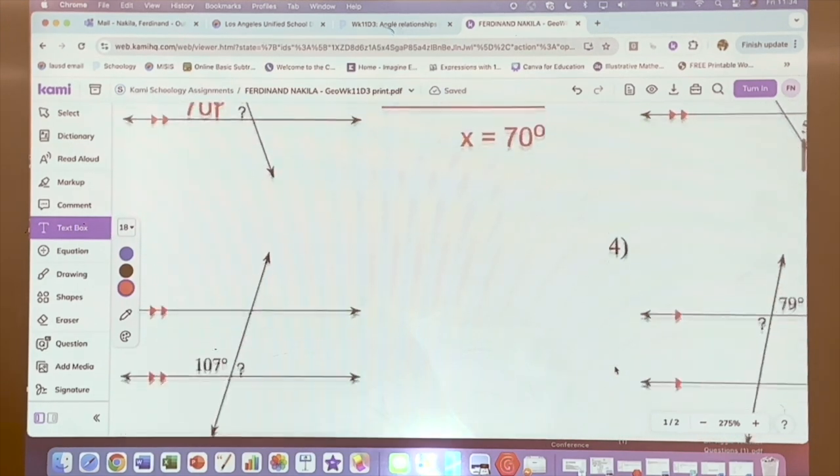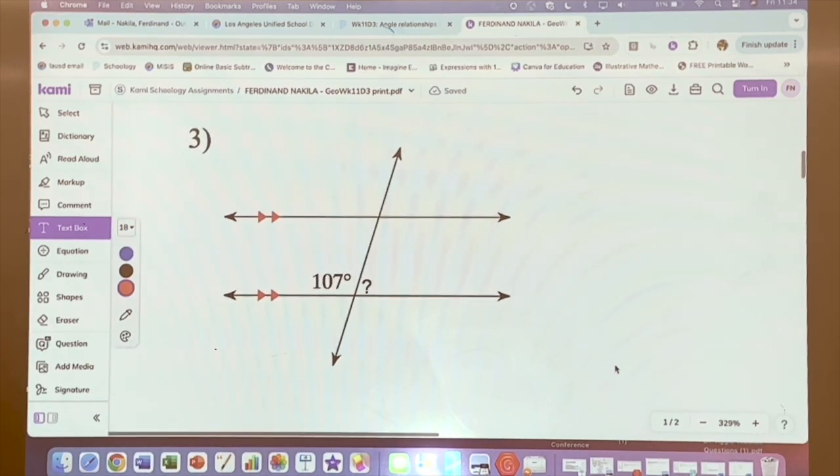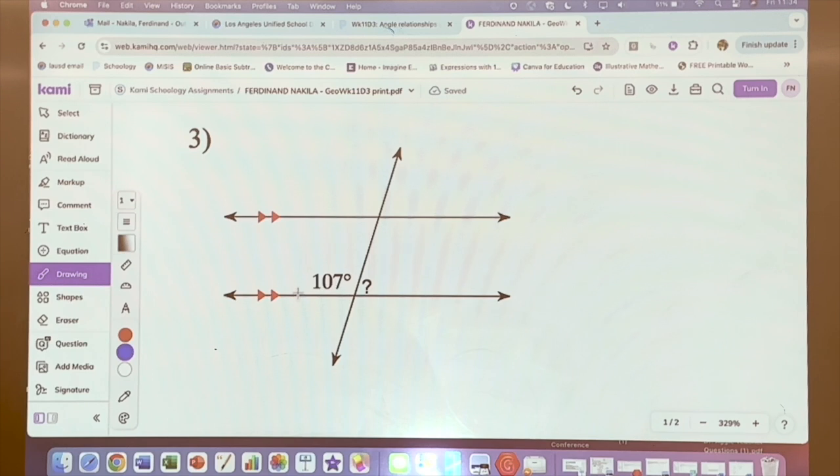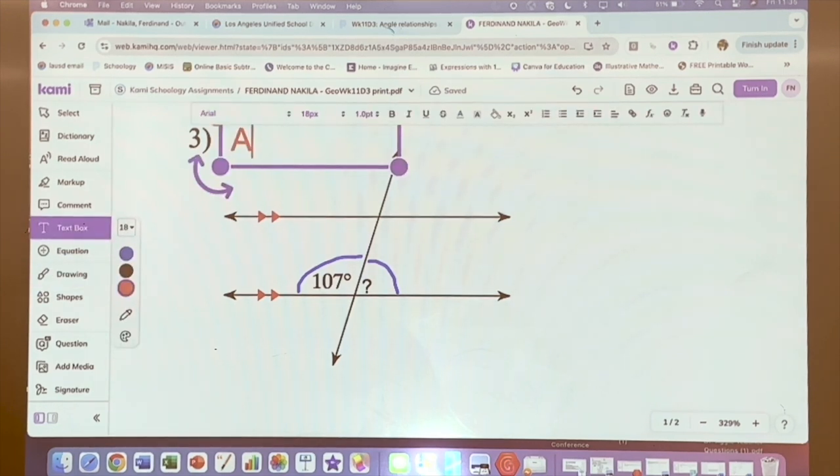Number 3. So here is an identified angle, and this one looks like vertical angles. They're not vertical. They are right next to each other. Corresponding maybe. Oh wait, no, not corresponding. Adjacent, yes. They are adjacent angles.